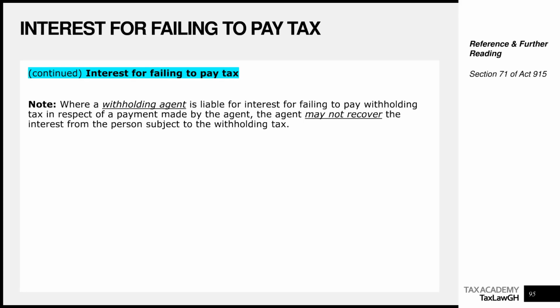I withheld on you but failed to pay the tax to GRA on time, and GRA is charging me interest. I can't come back to you and collect the interest from you. They are saying it's none of your business. I should have complied, so I am liable. Take note: you can't recover interest from someone you should have withheld on.